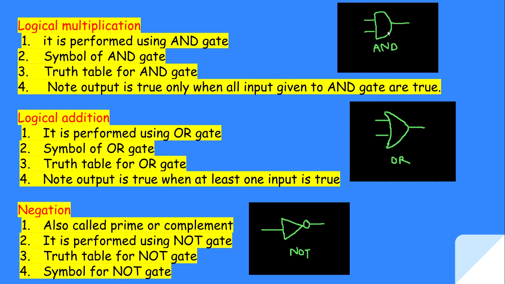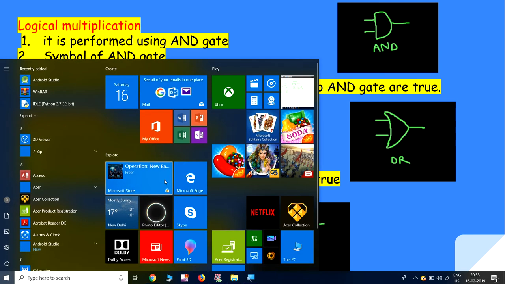Now the symbol of the AND gate. Here I have the symbol. It looks like the letter D. These two lines are the inputs that you give to the AND gate, and this is the output. Now the truth table for the AND gate. As I told you, a truth table is nothing but the combination of all possible inputs with the output.